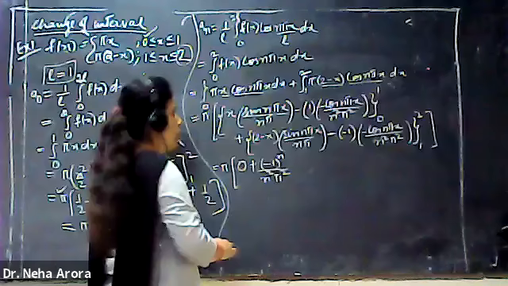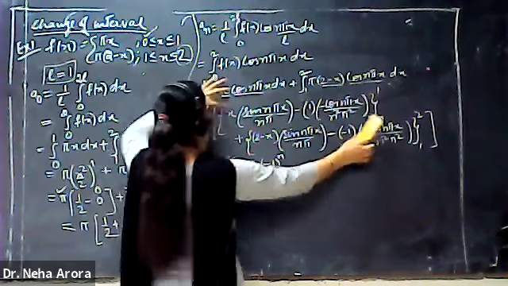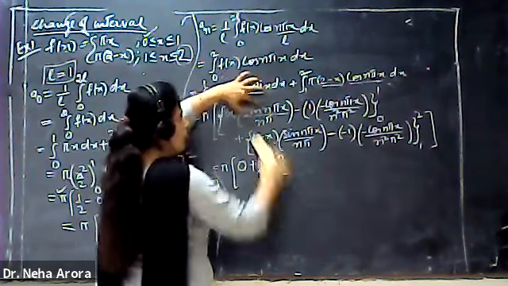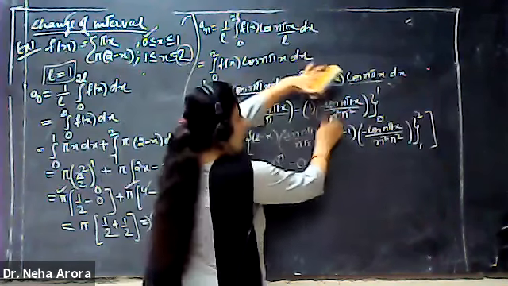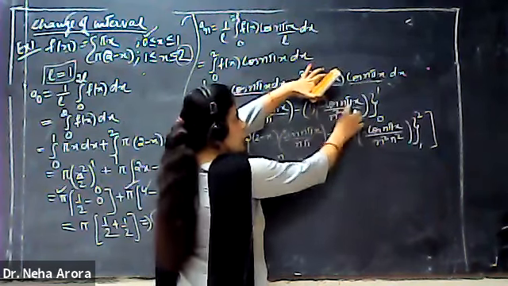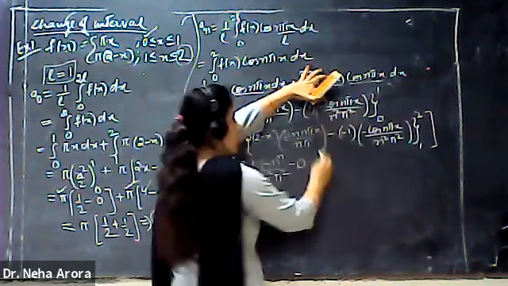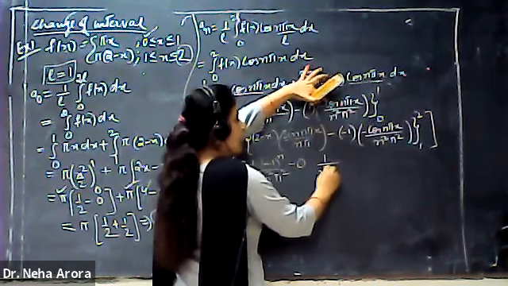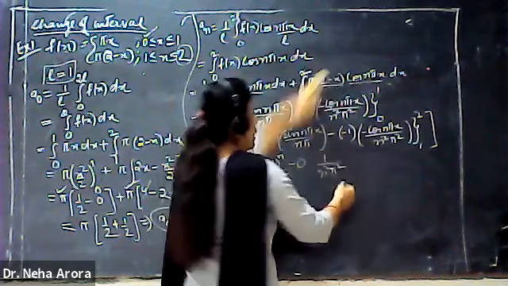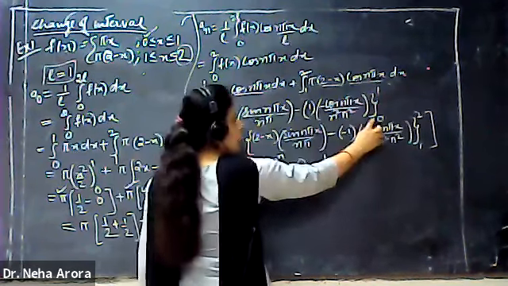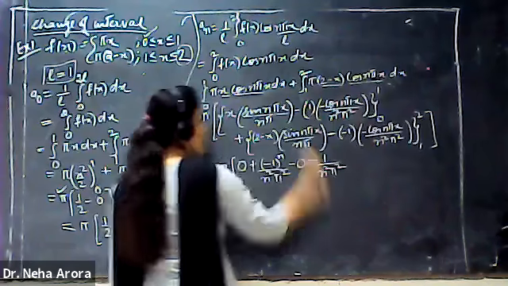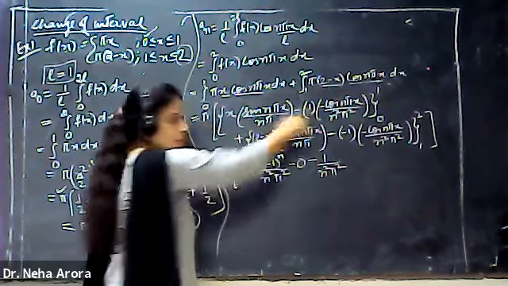Upper limit done. Then let's come to the lower limit, which is 0. 0 into anything will be 0. Third term, put x equal to 0. nπ into 0 is 0, and cos 0 is 1, so 1 upon n²π². And how many negatives are there? 2 are already there, and 1 negative before putting the lower limit. 3 negatives, total is negative. Done. First half is complete.